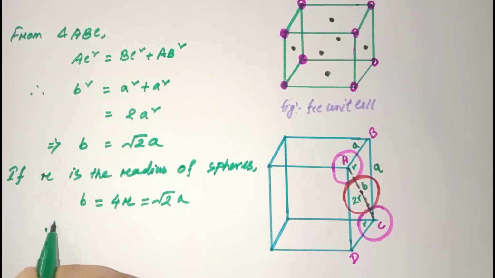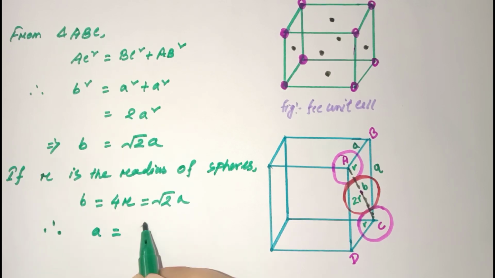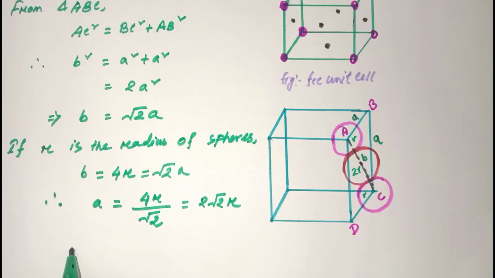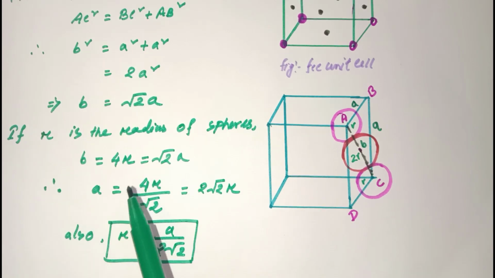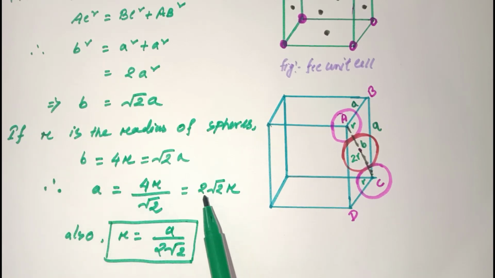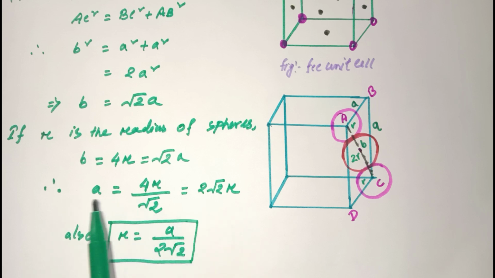Therefore, a is equal to 2 root 2 r and r is equal to a by 2 root 2. From here we can calculate the value of r, that is the atomic radius, and also the value of a.